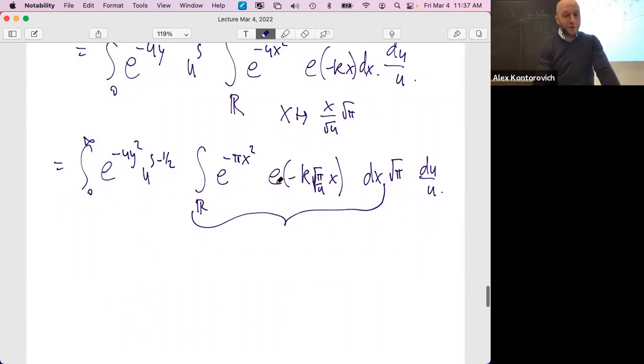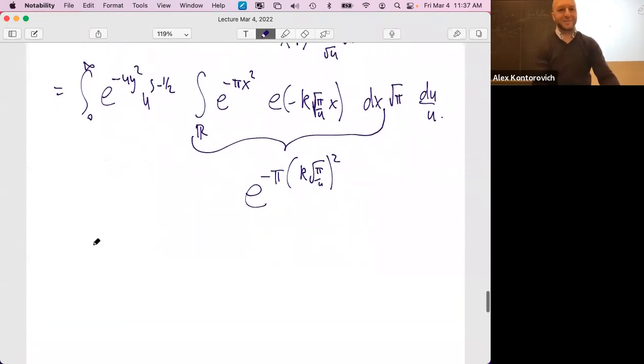So this is the Fourier transform of the Gaussian. I know what the Fourier transform of the Gaussian is. It's the Gaussian. So this is e to the minus pi times the Fourier variable squared. So this is k root pi over u squared. And that's it. That's what I know about this integral. So now we're down to just one integral.